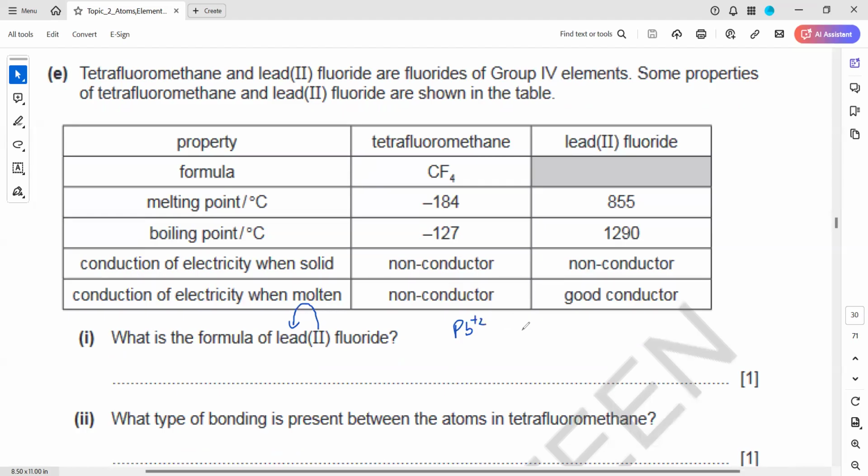And fluoride means fluorine, group 7. So PbF2, lead-2 fluoride. Lead is Pb and fluorine is F, so you have to write the correct symbol.